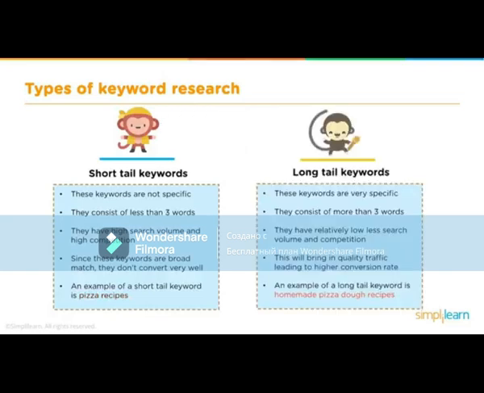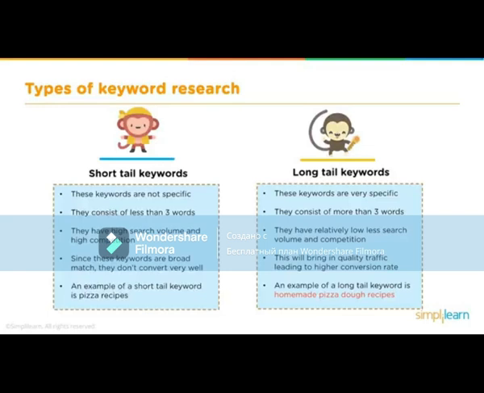The longer tail keywords are very specific. They consist of more than 3 words in the search query. They have relatively low search volume and competition. So the chance of you ranking higher, faster for that long tail keyword is probably going to be greater because not many other websites are trying to rank for that same keyword. The benefit of that is if you have, let's just say, homemade pizza recipes with mushrooms, that's a long tail keyword.